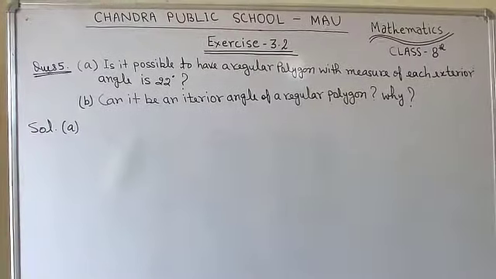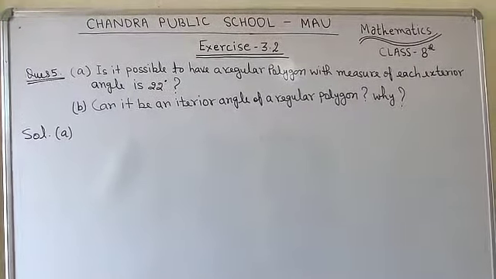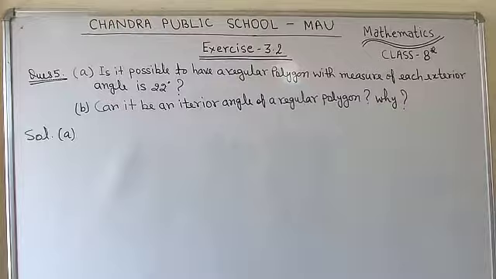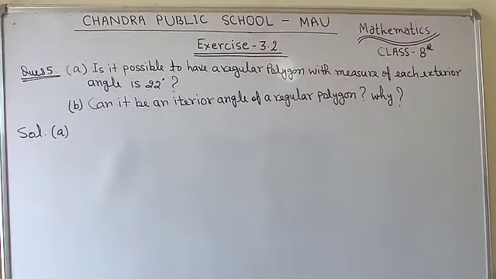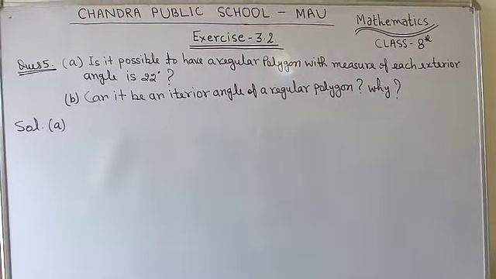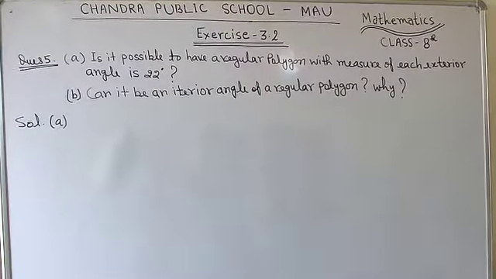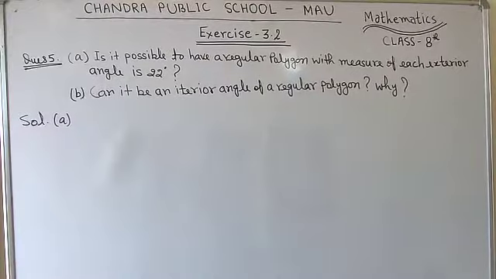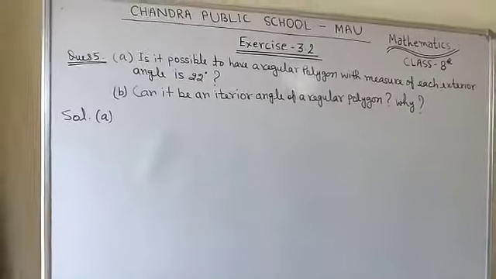Now students, here I have written question number 5. In question number 5, two parts are there. A. Is it possible to have a regular polygon with the measure of each exterior angle 22 degrees? So here you need to find whether a regular polygon is possible with exterior angle 22 degrees. So here I am going to check that.